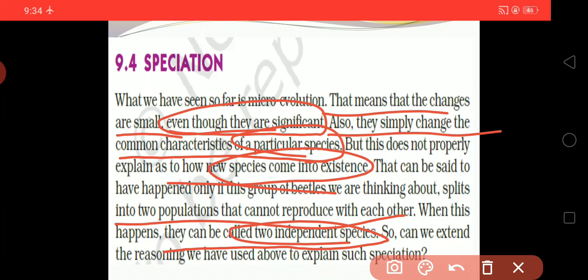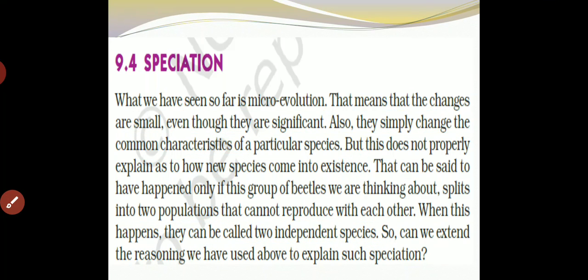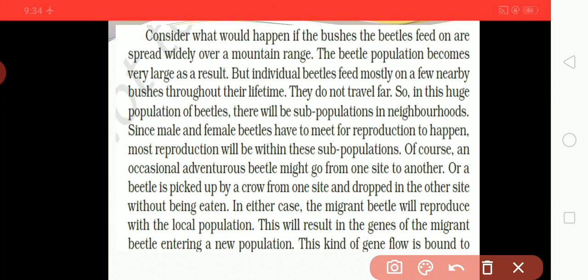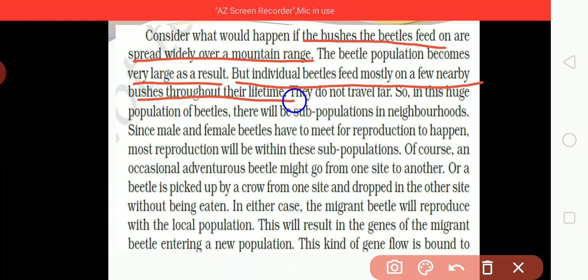So, can we extend the reasoning we have used to explain such species? Consider what will happen if the plant species the beetles feed on are spread widely over a mountain range. The beetle population becomes very large as a result, but individual beetles feed mostly on a few nearby plants throughout their lifetime.